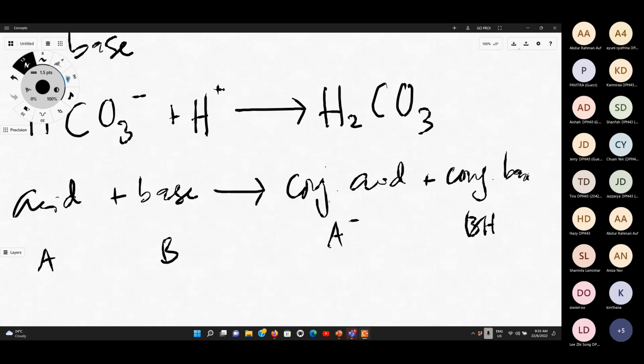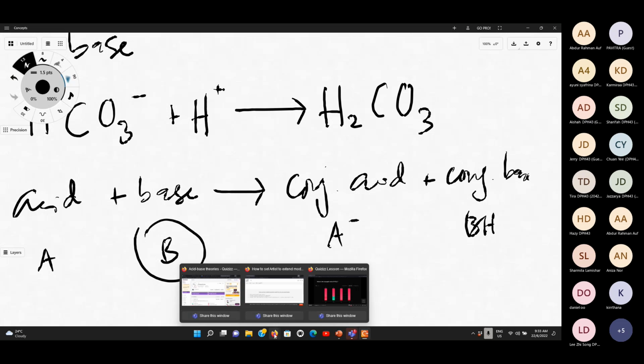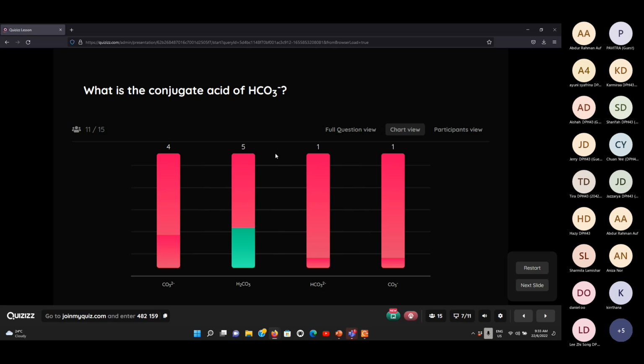Kalau soalan tu tanya what is the conjugate acid of, saya tak tahu, saya confused ke kamu pun ada confused juga? Later saya akan tengok balik this question. Okay, I'm sorry lah because I skim through because this is not my slide. Yeah, I'll get back to you after break nanti, pukul 10.30 kita ada break. I'll study this question again, nanti saya akan elaborate balik kenapa saya confused.